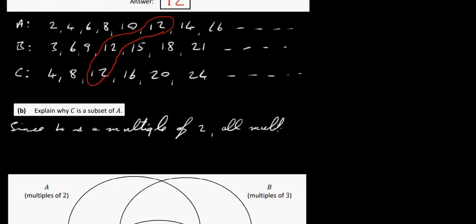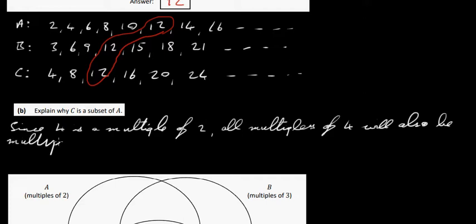So why is that? Well, you could say since 4 is a multiple of 2, all multiples of 4 will also be multiples of 2.